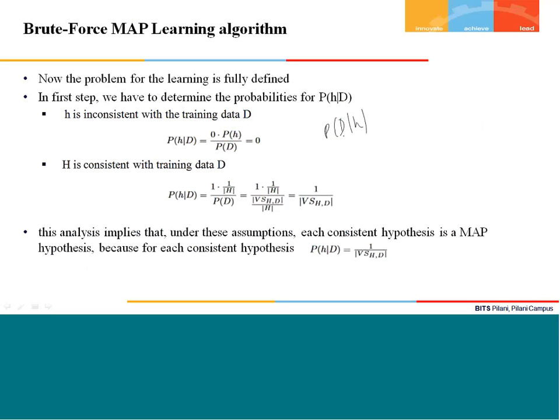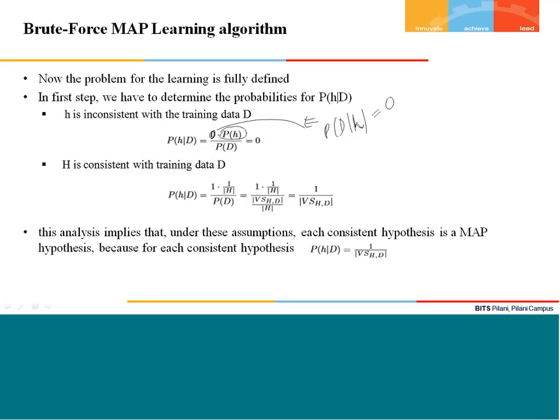So h is inconsistent with the training data. It means the probability of seeing the data when h is inconsistent is 0, because it cannot produce that. And whatever these numbers are doesn't make a difference, because 0 multiplied by anything and divided by some number is equal to 0.